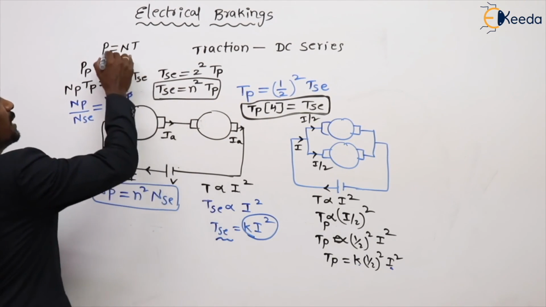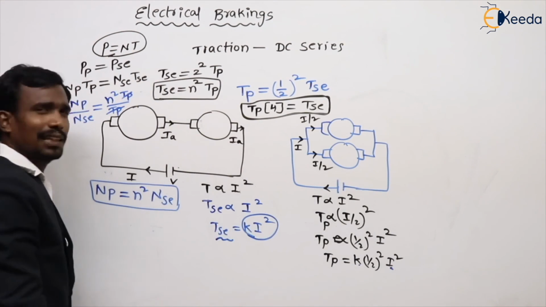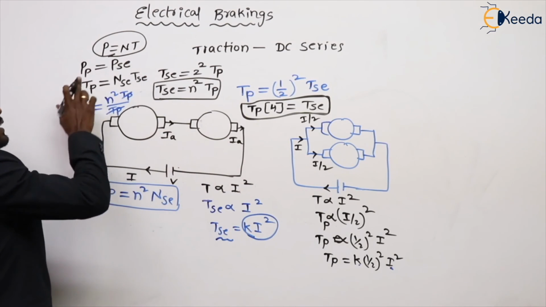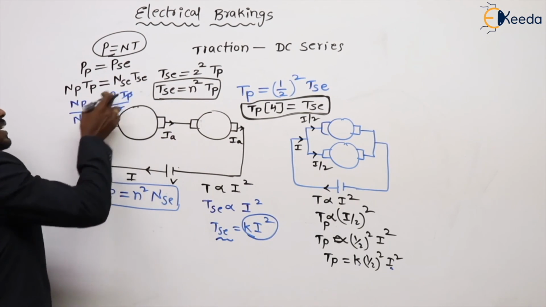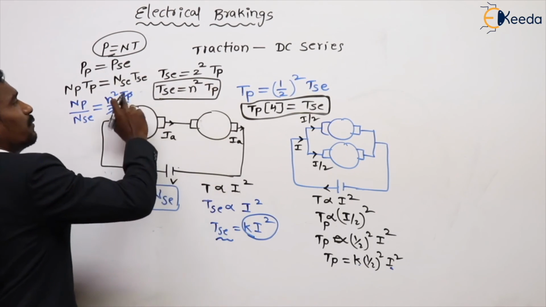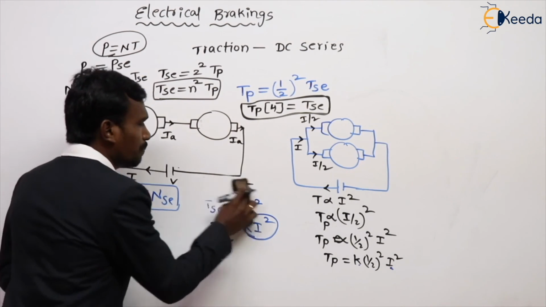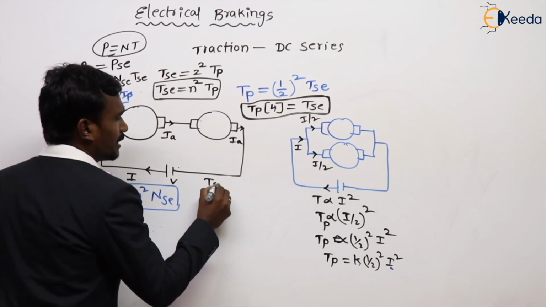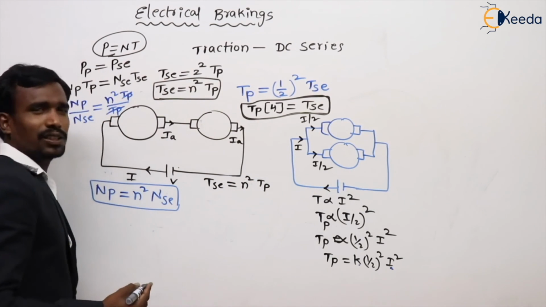Let's see, P is equal to NT. Actually, the power in series connection is equal to the power in parallel connection. Power is nothing but NT, so N by N is equal to T by T. TS is nothing but n² of TP by TP, which gets cancelled. Or let's do it in a simpler manner. The torque in series connection is equal to n² times the torque in parallel connection.